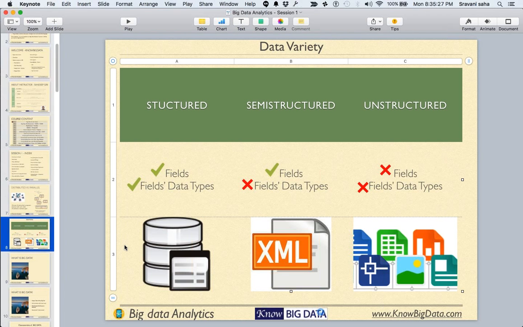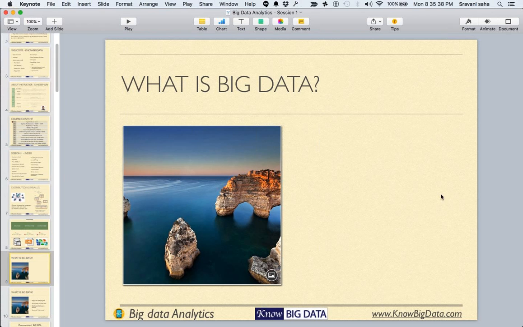Program logs means the program keeps on writing to a file whatever error or information it incurs. So that's about data variety.